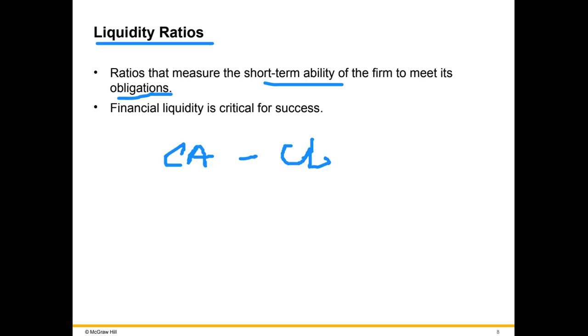Financial liquidity is crucial for success. Imagine a business has current assets of 1 million, but its current liability is 2 million, and its worth is like 100 million.